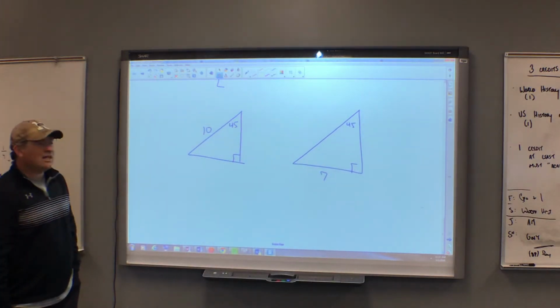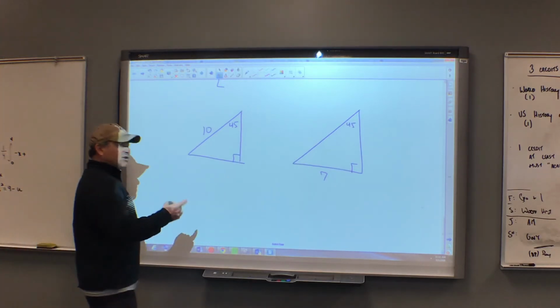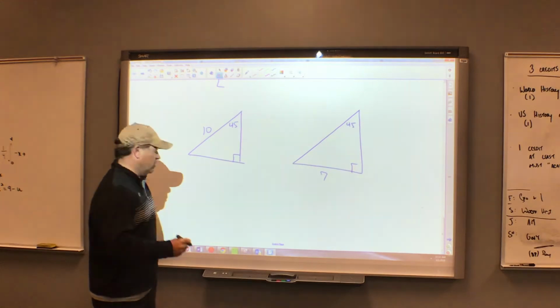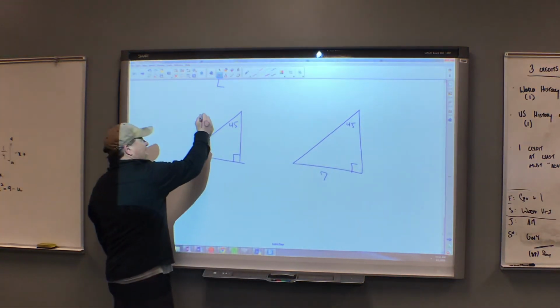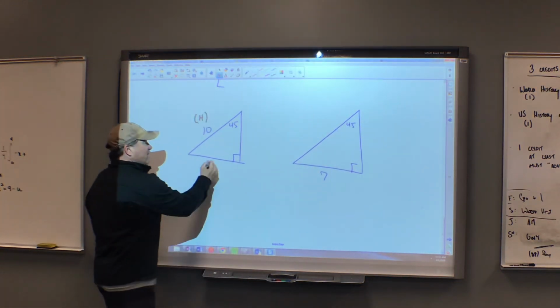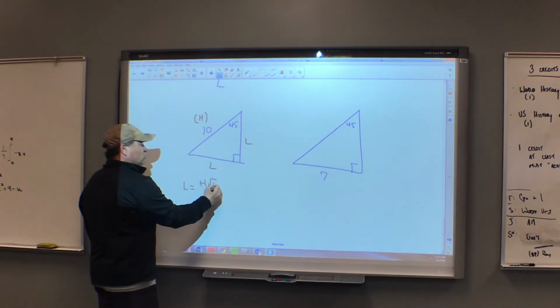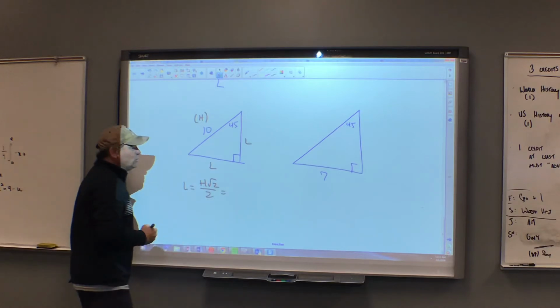Like I said, these are a lot simpler. Here you're still going to identify what it is. Ask yourself, what is it that I know? Well, I know that is the hypotenuse. That makes these legs. And it says that leg is hypotenuse root 2 divided by 2.